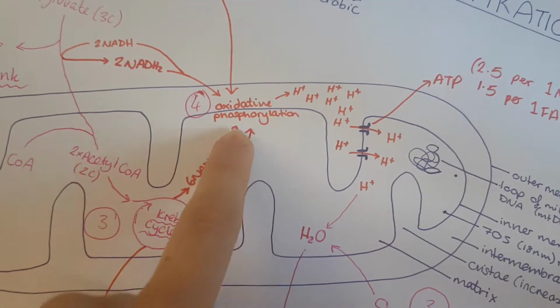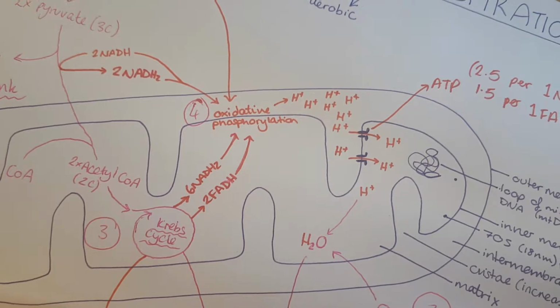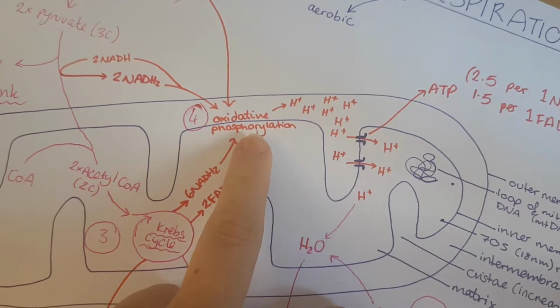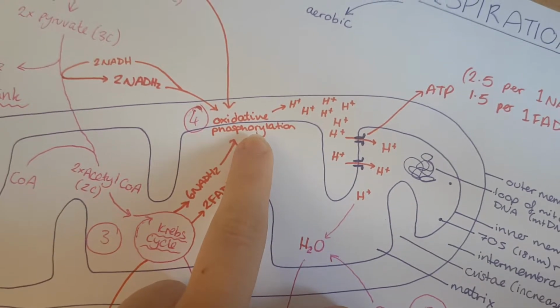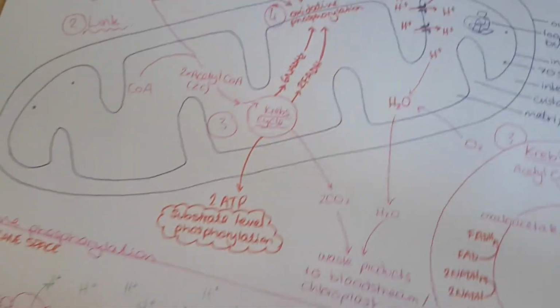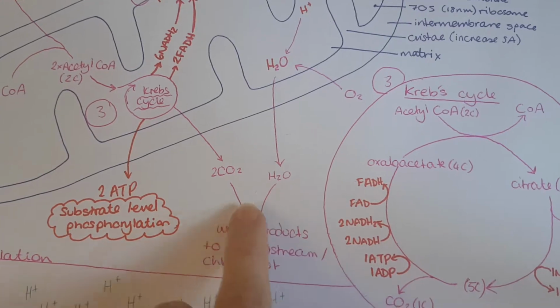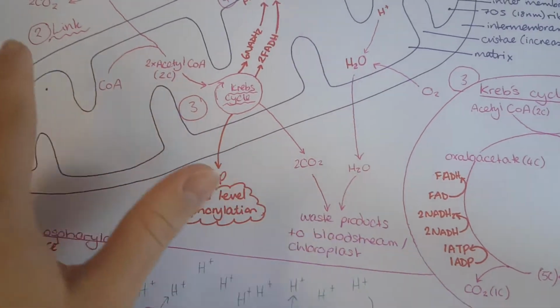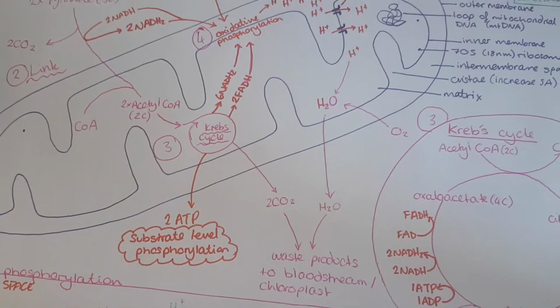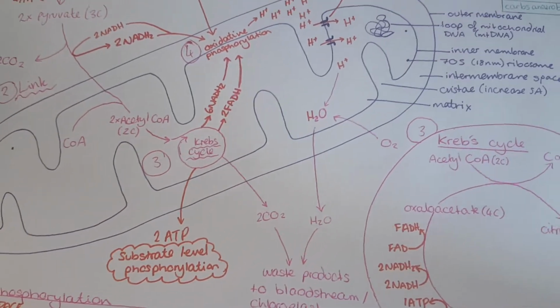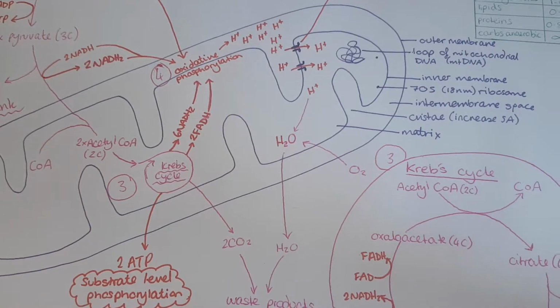All of these carrying their hydrogen off to the oxidative phosphorylation reactions. Oxidative phosphorylation needs a lot of hydrogen, so that's why they're taking all the hydrogen there. So we've got a little bit of waste products already. We've got quite a lot of carbon dioxide being produced as a waste product, which, when you're breathing out, is where we get it all from.